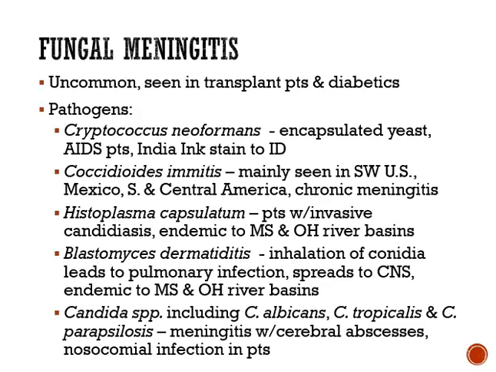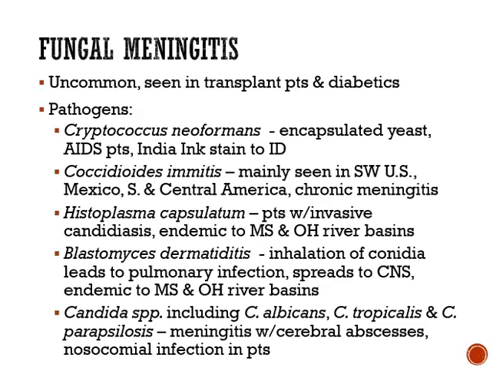Blastomyces dermatitidis, acquired through inhalation of conidia, which is one of the fungal structures of the organism. It results in a pulmonary infection, which means lung involvement, and spreads to the central nervous system. This one is endemic to the Mississippi and Ohio River basins.